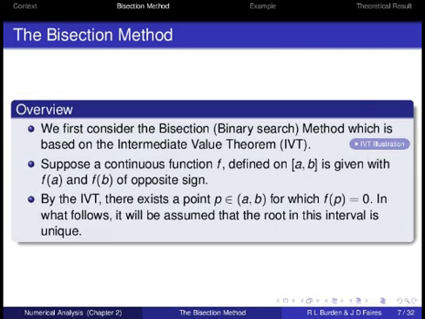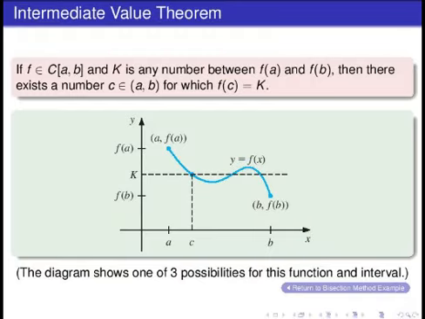Now the intermediate value theorem. Let me explain it. The statement is that if f belongs to C[a, b], that means f is a continuous function on the domain [a, b], and k is any number between f of a and f of b, that means k is any image, then there exists a number c that belongs to [a, b].